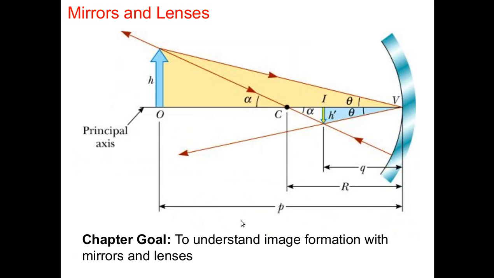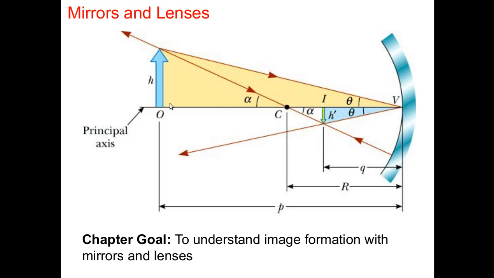Now we used h prime and h here, and this is a consequence of some pretty heavy geometry and trig. But the magnification formula that we're going to use is derived from that relationship, the h prime and the h. You see that there are right triangles here.